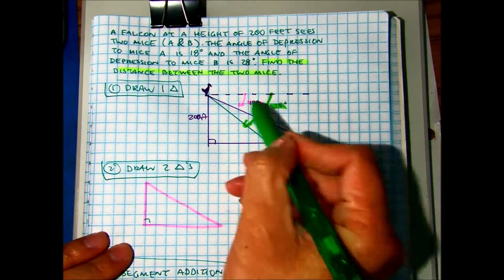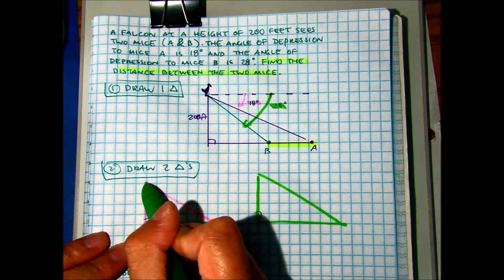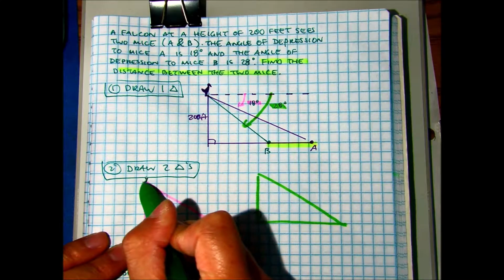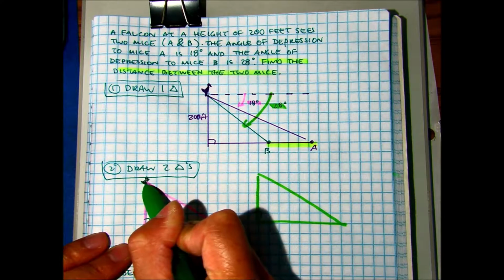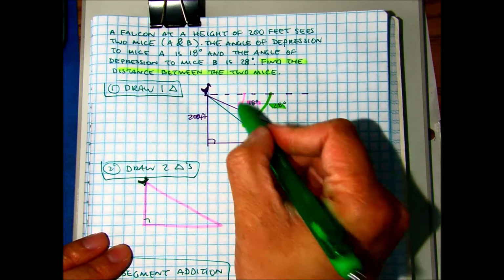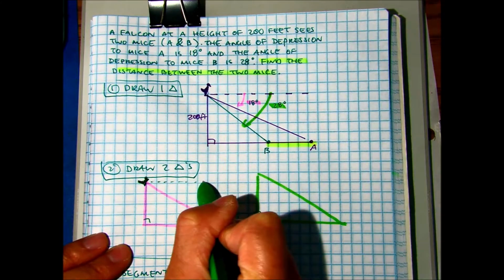Now, let's look at this pink triangle. The hawk is here. That's my hawk. And the line of sight here, this is 18 degrees.